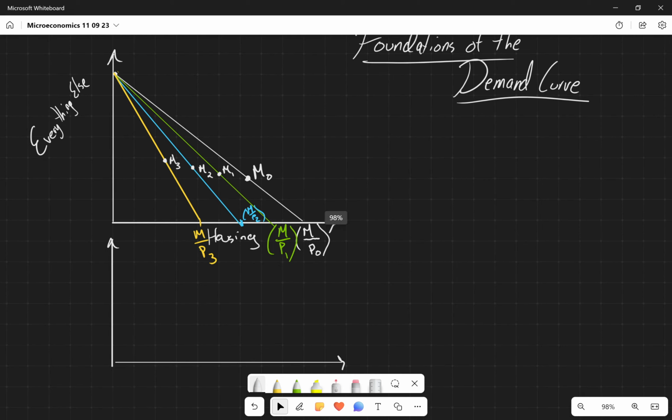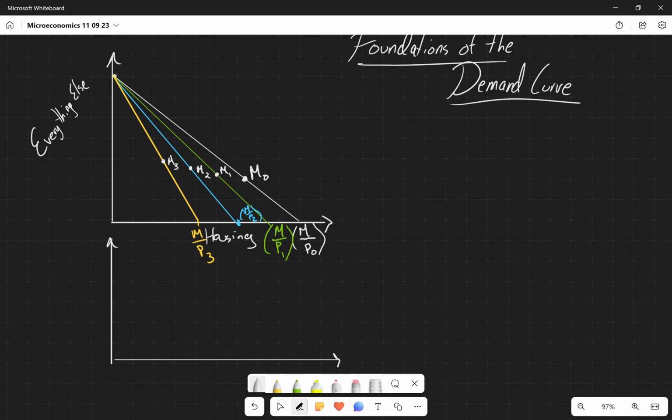And these points here, right, these consumption decisions correspond to different prices, right? M0 has to do with P0. M1 has to do with P1. And these are telling me the amount of housing that people are purchasing, right? A budget constraint is giving me a certain quantity down here, right? Q2, Q3, Q2, Q1, Q0.